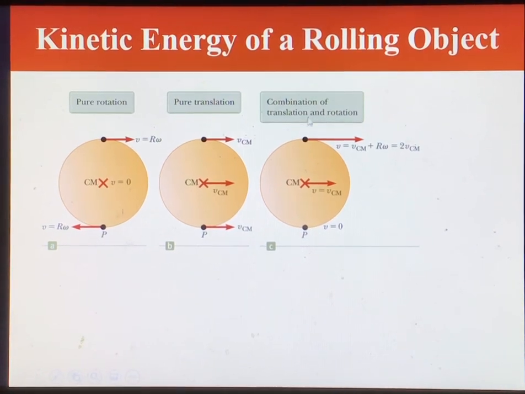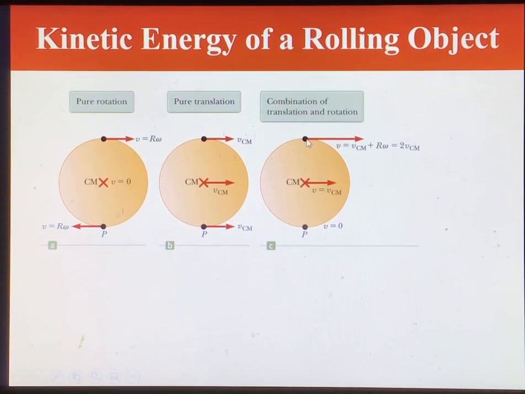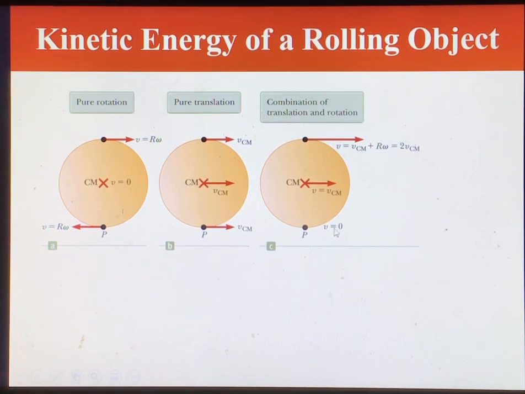Now, if you combine translation and rotation, the center of mass will be moving with the center of mass velocity, and a point at the top is going to have a much higher speed compared to a point at the bottom. A point at the top has a speed equal to twice the center of mass velocity, while a point at the bottom has a speed equal to 0.